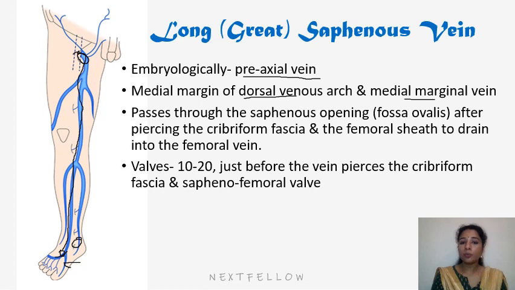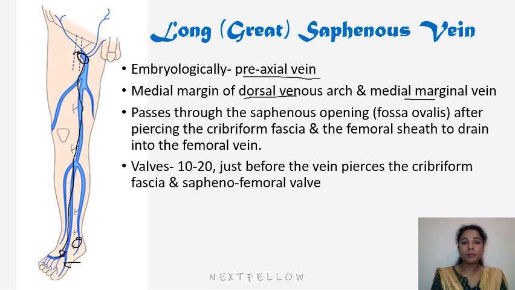It lies along the posterior medial margin of the knee, a hand's breadth posterior to the medial edge of the patella. And then it ascends on the medial aspect of the thigh and passes through the saphenous opening, otherwise called the fossa ovalis, where it drains into the femoral vein.